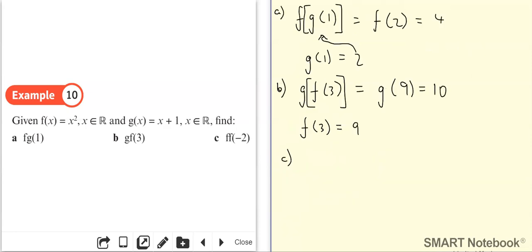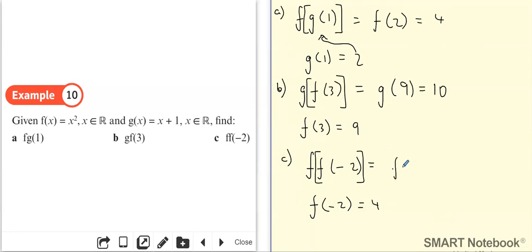All right, let's have a look at this. ff of minus 2. And what's my starting point to work out ff of minus 2? Work out the inner brackets, essentially, is what we're doing. What is f of minus 2, please? f of minus 2 is 4.